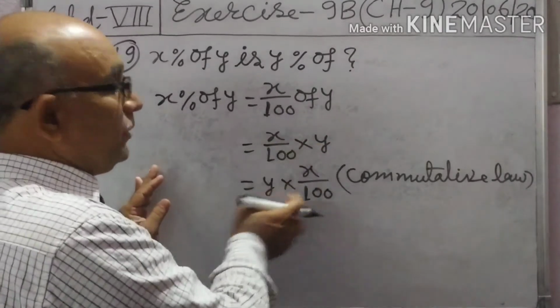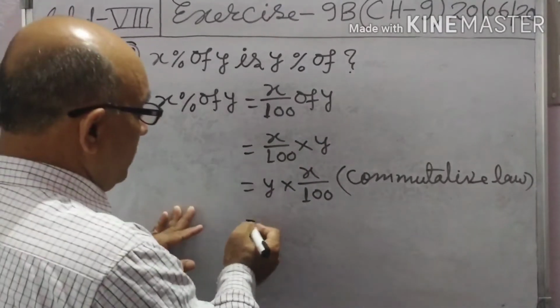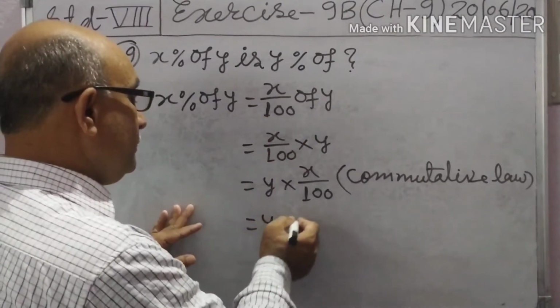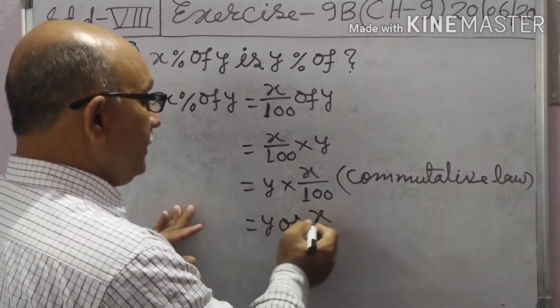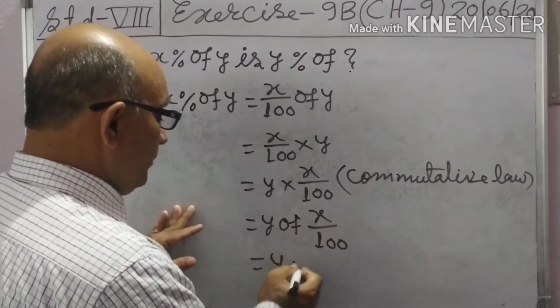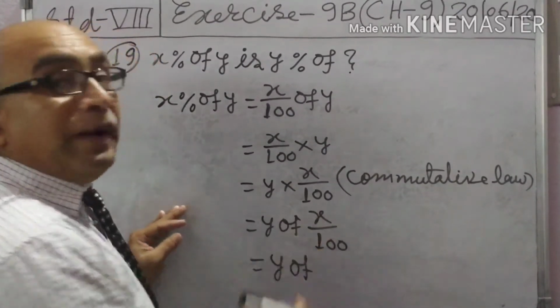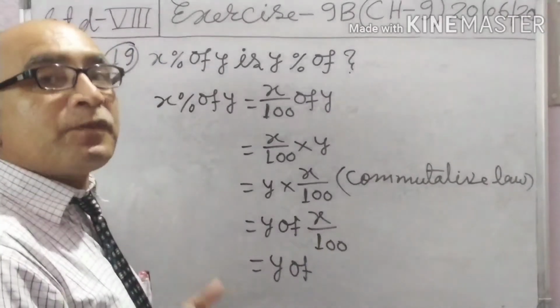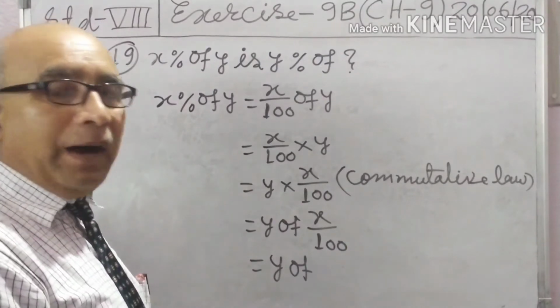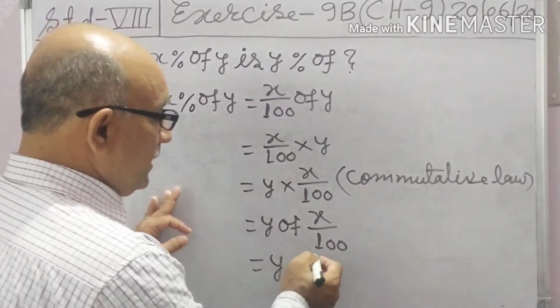Now y multiply means of. So y of x by 100 equal to y of x by 100 means x percent. 1 by 100 means 1%, 5 by 100 means 5%. So x by 100 means x percent.